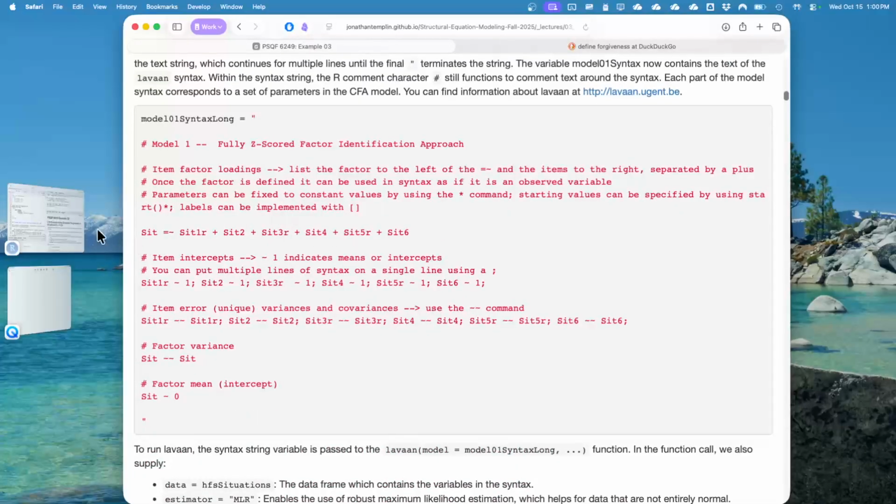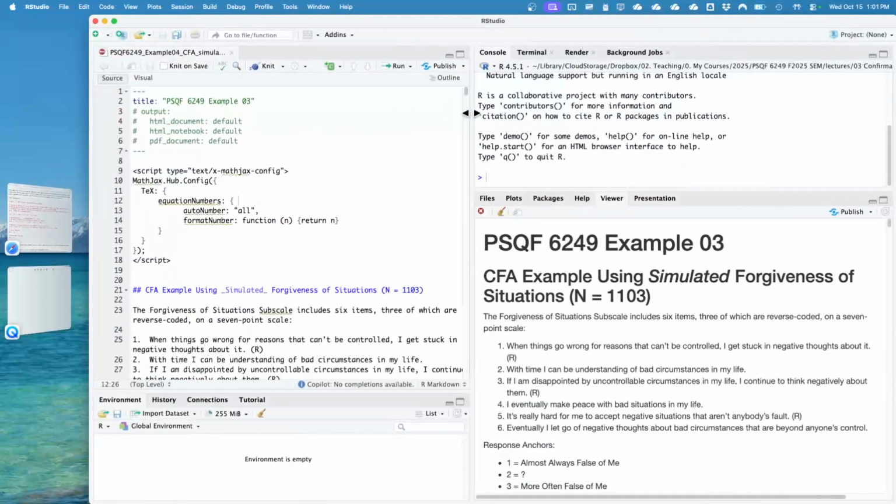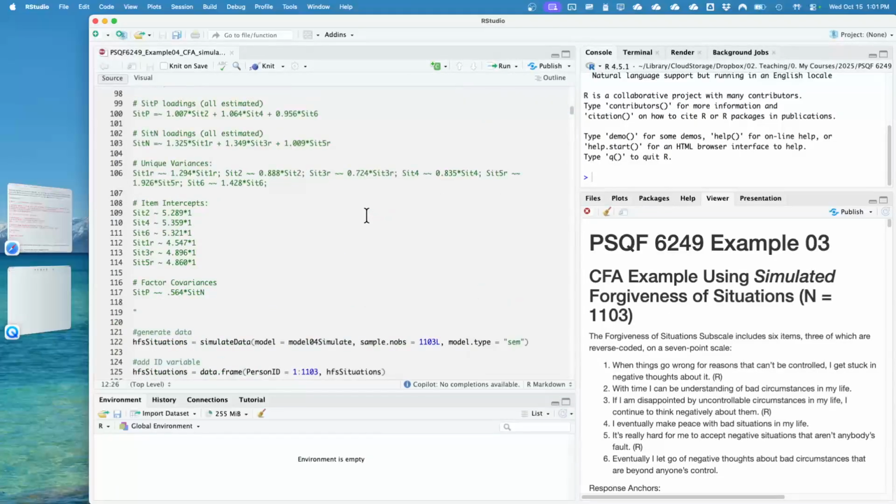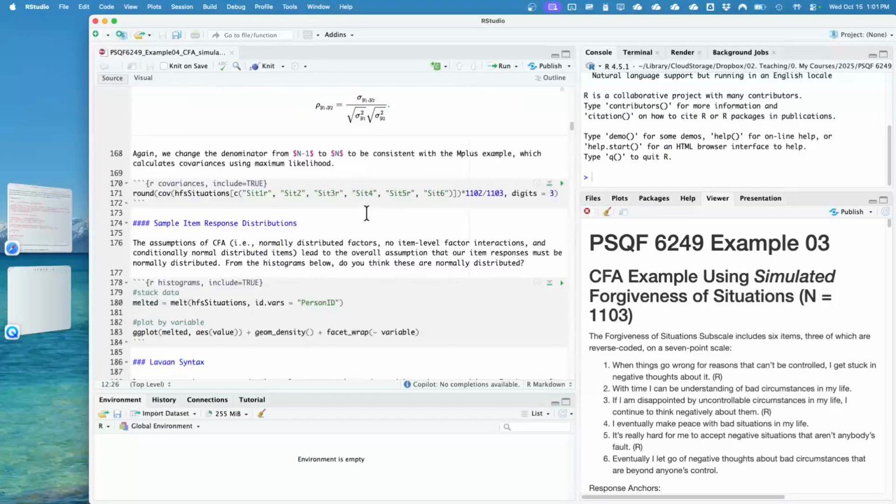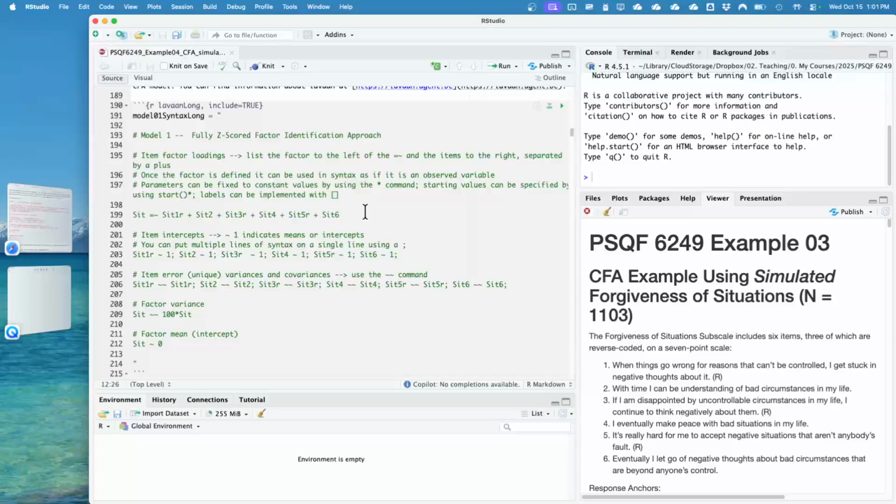So the model here, this is where I'll switch over to R, where it looks a little more natural. A model in lavaan looks very similar to a path model in lavaan. Forgive all my commenting here. When you want to define a factor, we're going to define the SIT factor, basically situational forgiveness.